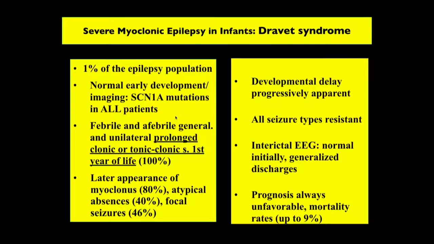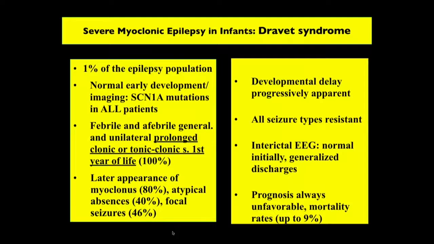These children have normal development in the beginning, but then they start to have febrile seizures. It is usual that they have a first seizure after a first vaccination, because vaccination can cause some reaction in the body, some increased temperature. And some of them were classified as post-vaccinal encephalopathies, which is wrong.